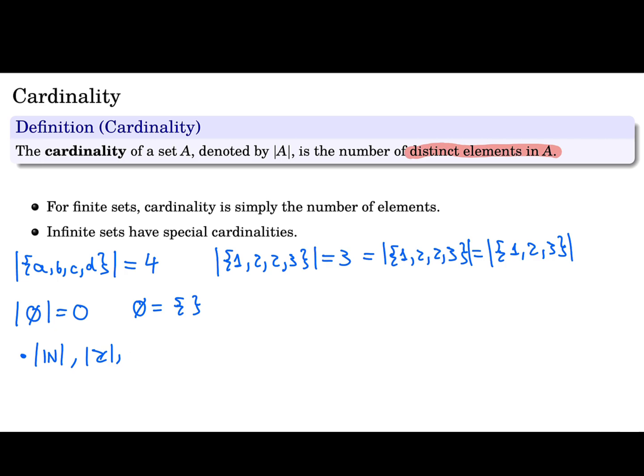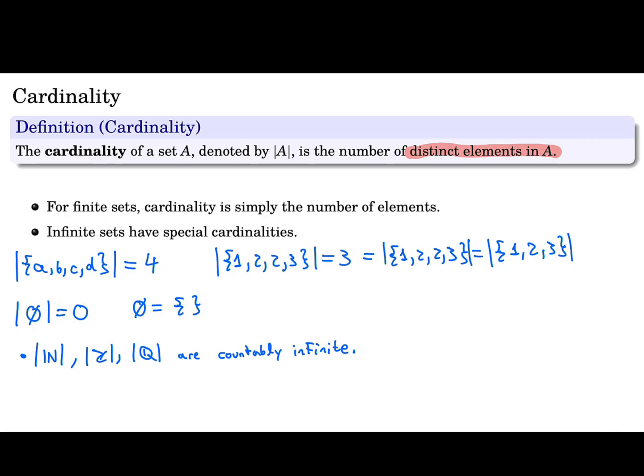Let me write this better. So they are what is called countably infinite, which essentially means that they can be counted, which essentially means that they all have the same size as the counting numbers, the natural numbers.